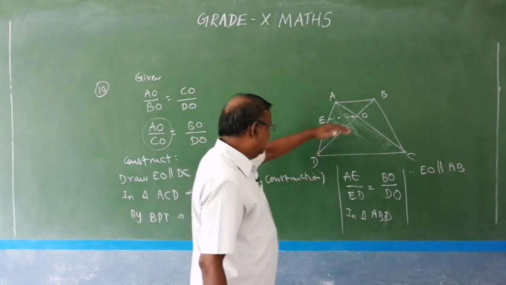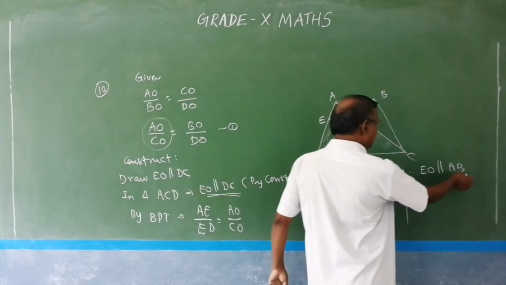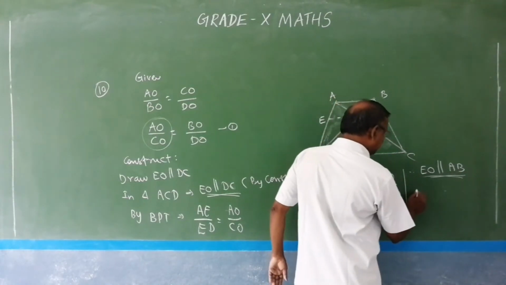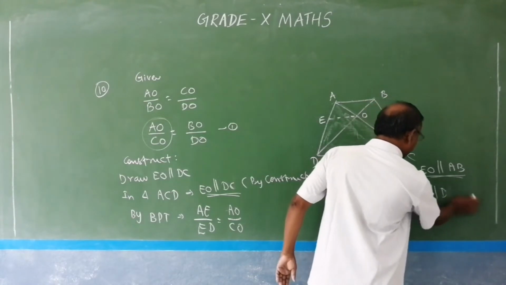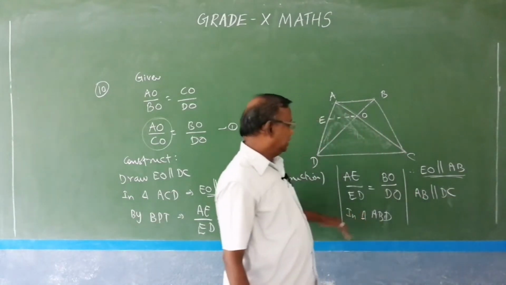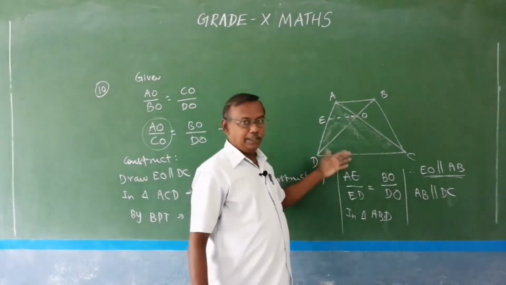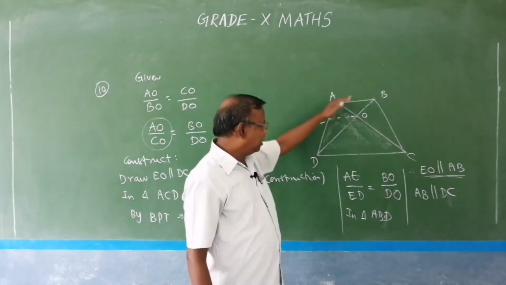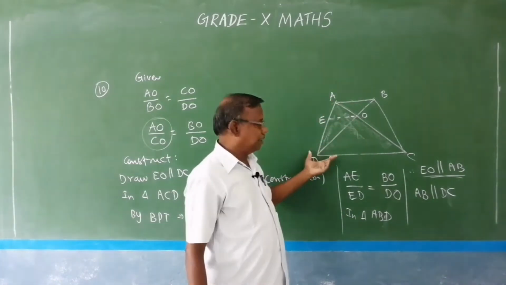Therefore, the line EO is parallel to DC as well as parallel to AB. Hence, the side AB is parallel to DC. In a quadrilateral, if one pair of opposite sides are parallel, then that quadrilateral is a trapezium. Hence proved.